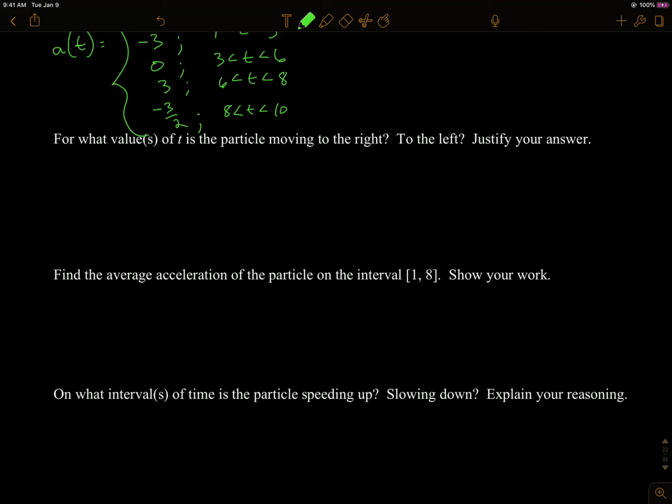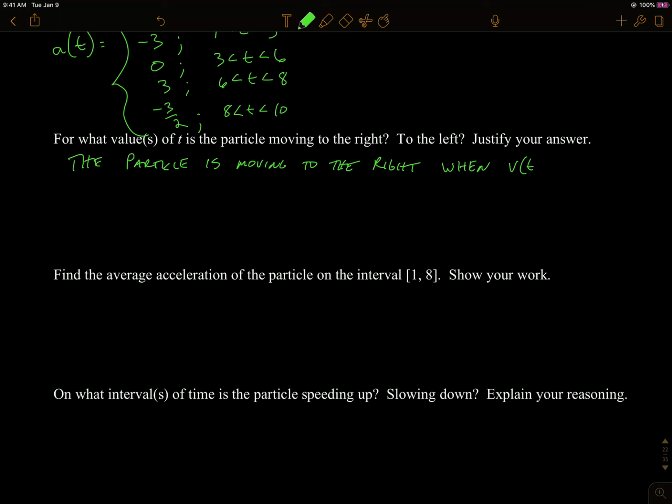For what values of t is the particle moving to the right, to the left? Justify your answer. The particle is moving to the right on the intervals when the velocity is positive.